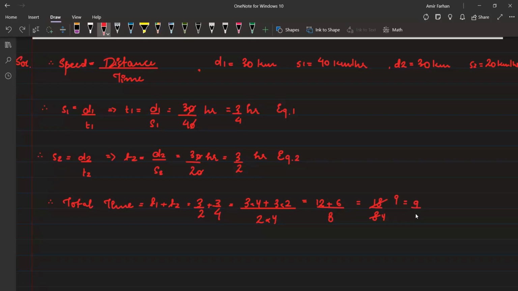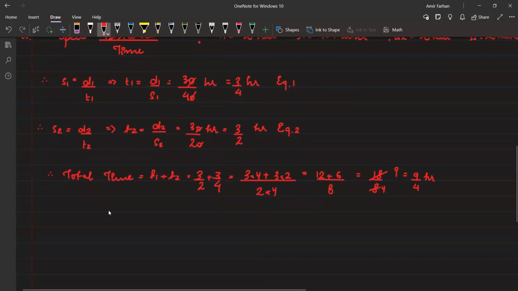Instead of converting into decimal, which will take extra time to calculate. If you say 2.25, that is also correct, but you would again have to convert this decimal into a fraction to divide it, because division in decimals is very difficult.